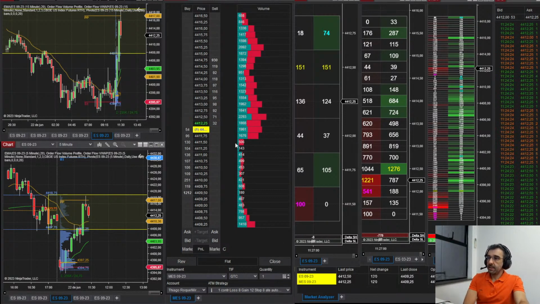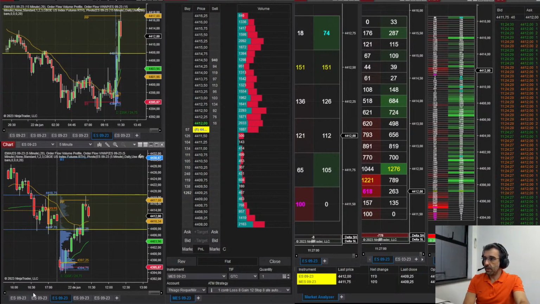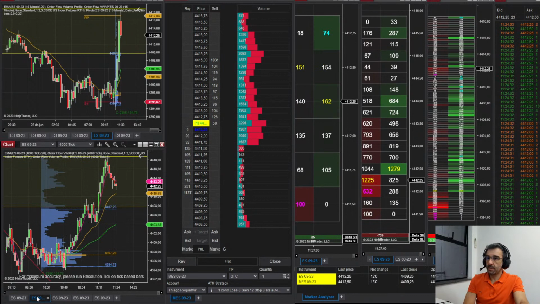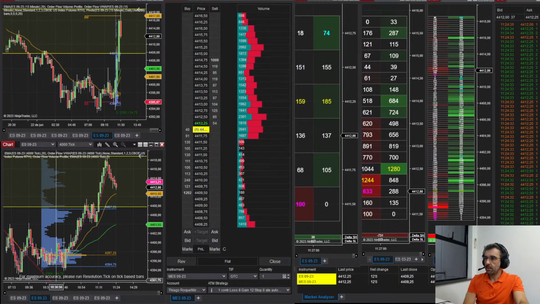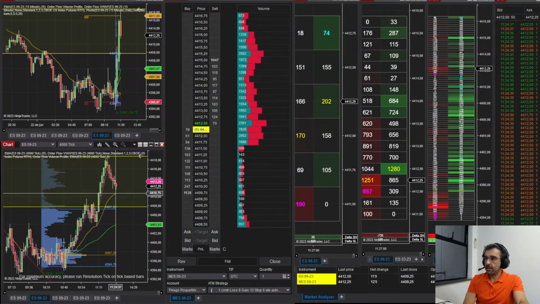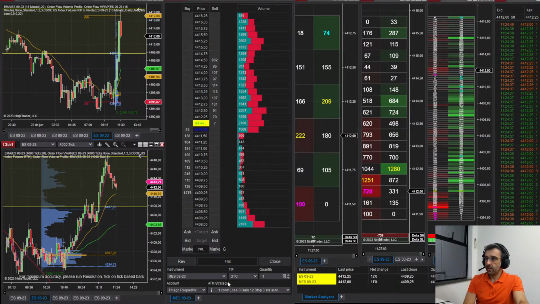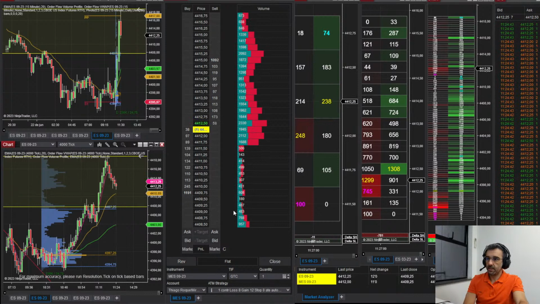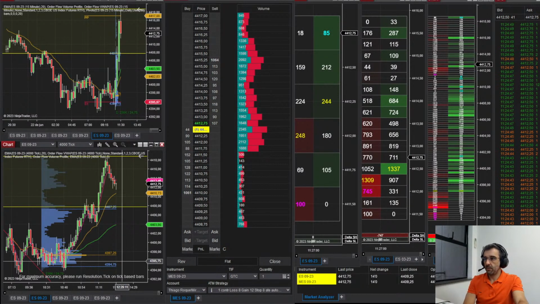But let's see here, this time buyers are not able to reach the 16. Let's see this time if the moving average that is at 1050 will be respected. We have an exhaustion at 1150, meaningful as well.